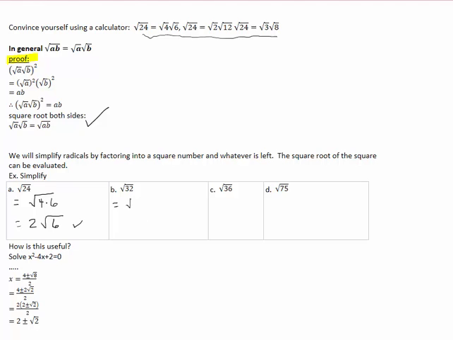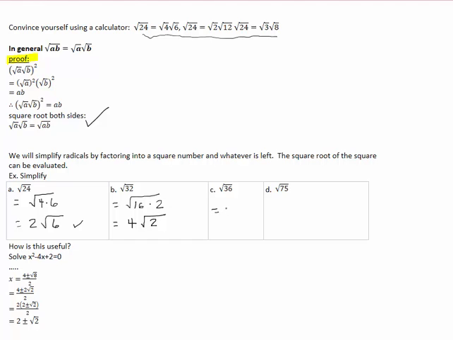So here, you want to choose the greatest perfect square that goes into 32. 4 times 8 equals 32, but actually using 16, a higher perfect square, is more efficient. So I have 16 times 2 equals 32. I can square root the 16, and then I'm left with just the square root of 2 under the radical.